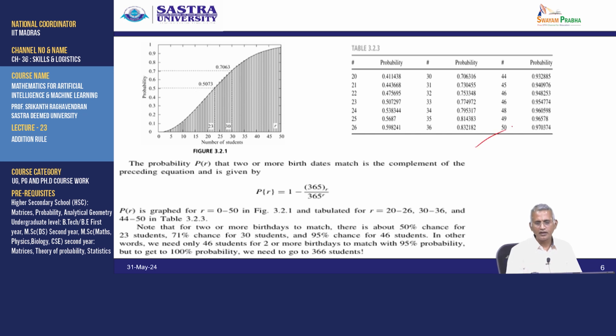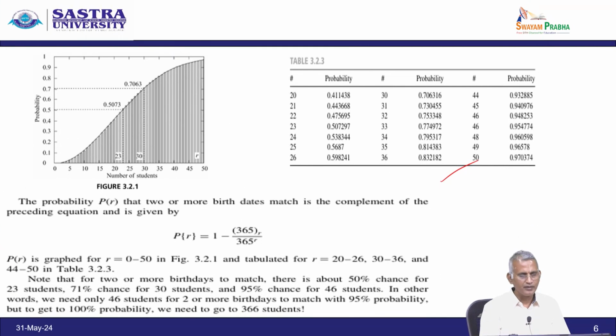These are the probability tables starting from the age of 20 to 50, and the explanation is: if P of r is that 2 or more birth dates match, it is the complement of the preceding equation, P of r equal to 1 minus the no-birth-date-match probability.